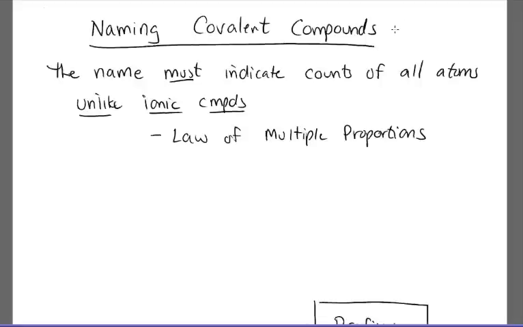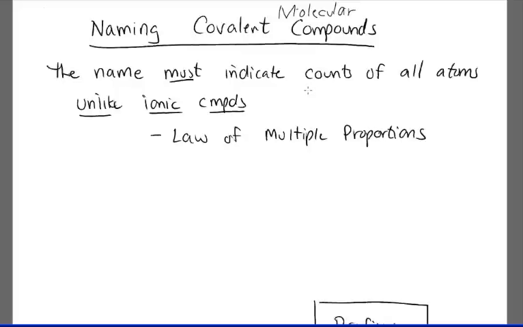I've talked previously about naming ionic compounds, and now I'm going to talk about naming covalent compounds, also known as molecular compounds, as a comparison to the ionic compounds. The main difference between them is that in molecular compounds, the name needs to indicate how many atoms of each type there are.